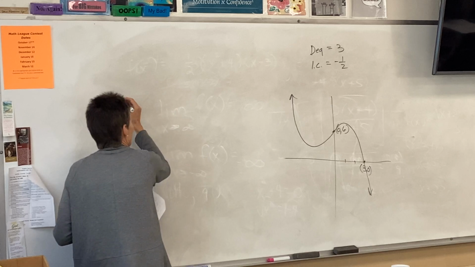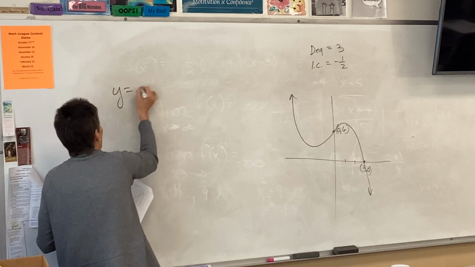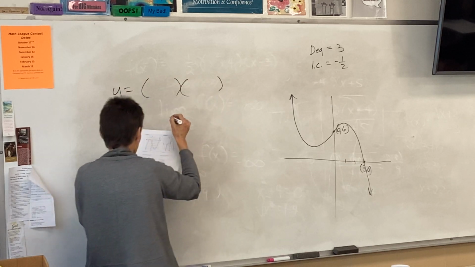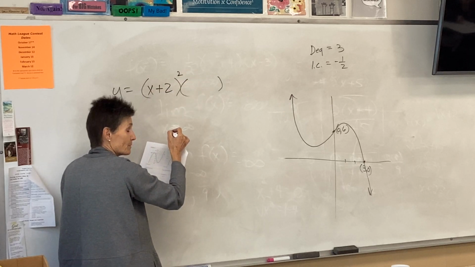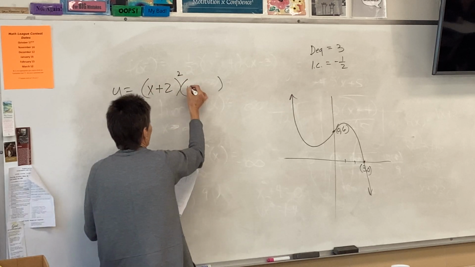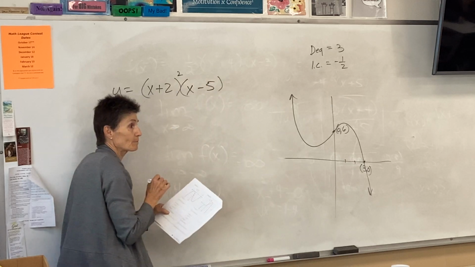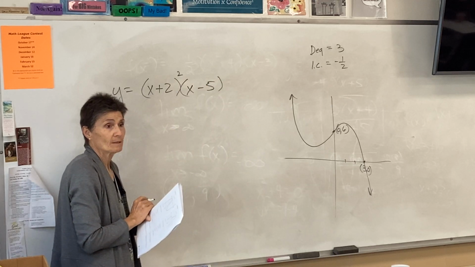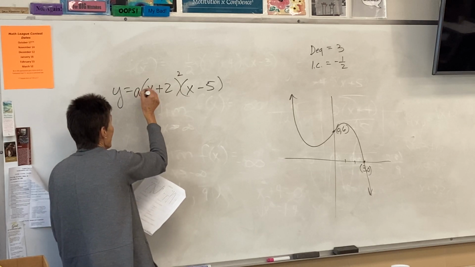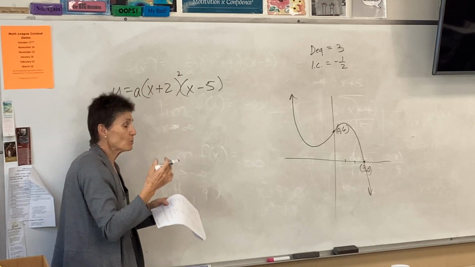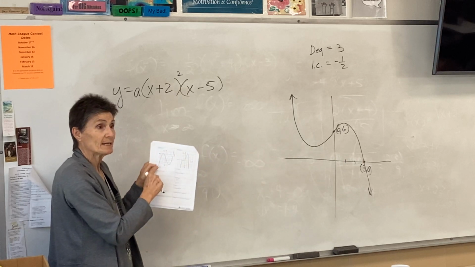Tell me what you know about the function already. Already we know that it has x plus 2 and that one squared. And we have x minus 5. Right? The leading coefficient, I'll just call it A. I don't know much about it except that it is positive.